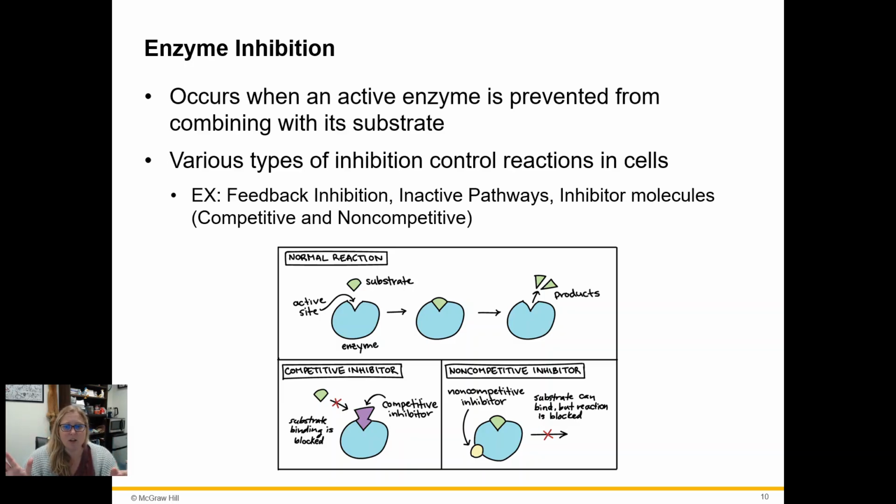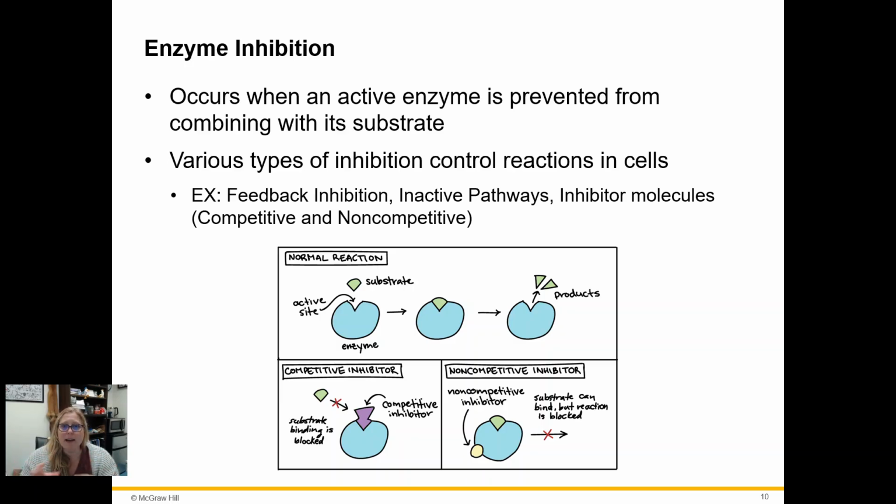Same thing with the parking lot. You go to park and you can squeeze into a space, but if you can't open your doors, it's not helpful to you, right? You can park in that space. Someone's parked over the line a little bit, or they have those huge trucks parked in the compact parking space. You might be able to fit in there, but if you can't get out of your car, your reaction is blocked. So we're seeing the same sort of thing in non-competitive inhibition.